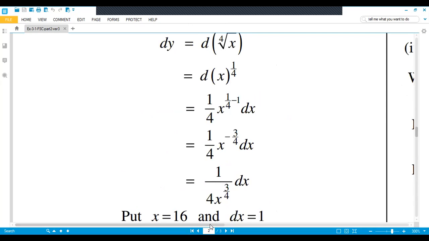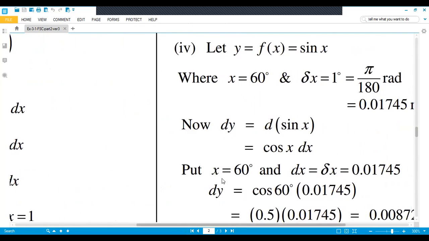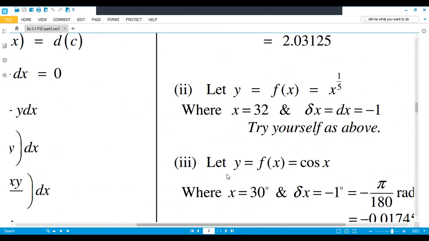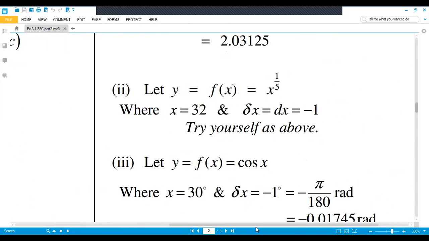Now come to the next part. Second part. In the second part, you have been given the fifth root of 31. You know that 31 is close to a number which has a perfect fifth root, that is 32.